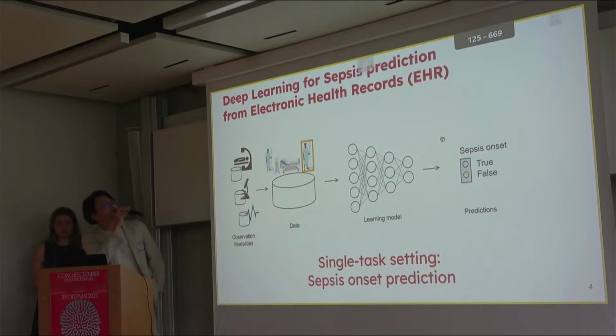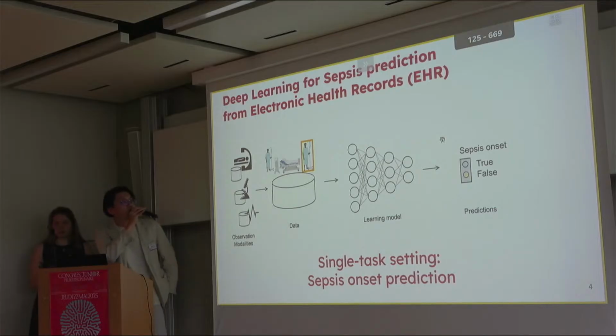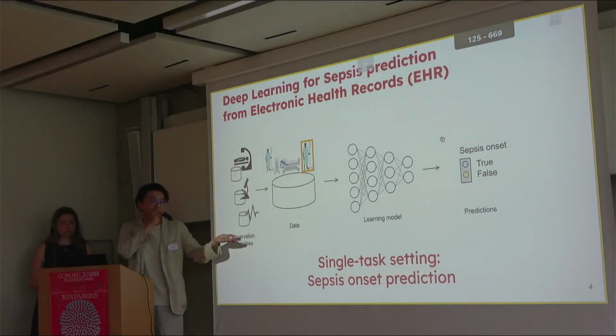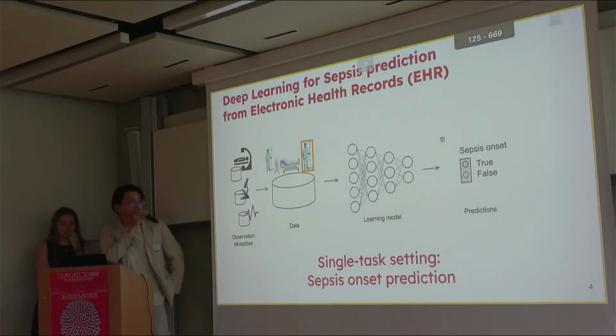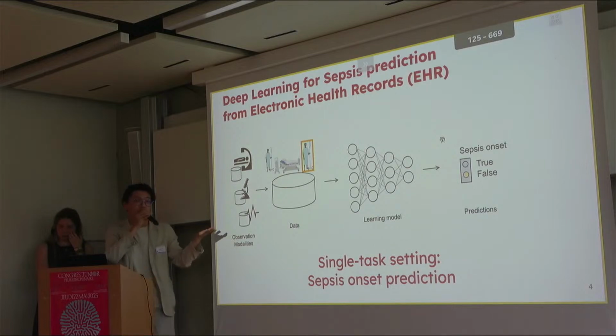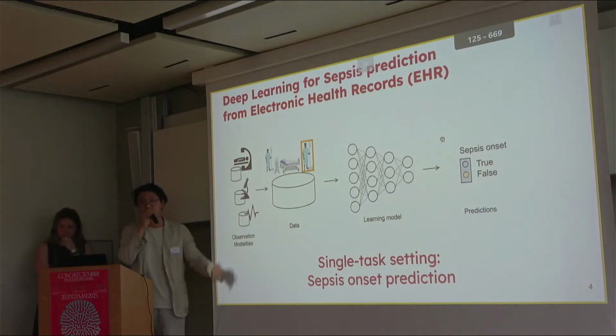So for the prediction of sepsis, the idea is quite similar, with the main difference that we are predicting whether the patient will experience sepsis instead of cats and dogs, and using medical data instead of just simple images.